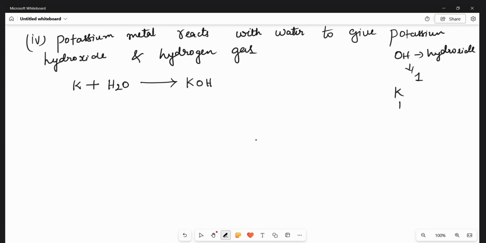So potassium valency 1, hydroxide valency 1, you get KOH, plus hydrogen gas. This is solid, this is liquid, and here it is aqueous.